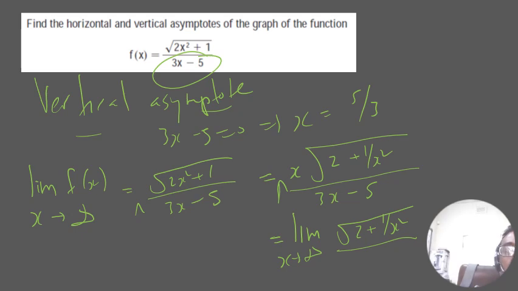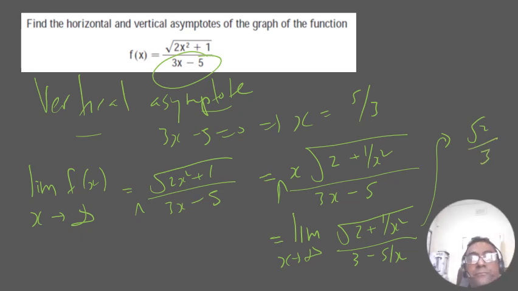And dividing the bottom, I end up with 3 minus 5 over x. Anything involving x in the denominator now is going to vanish, going to 0. So what I end up with is root 2 over 3. Does that make sense, everybody?